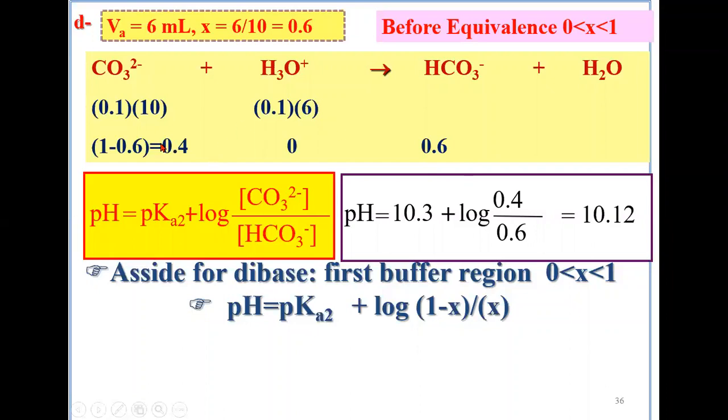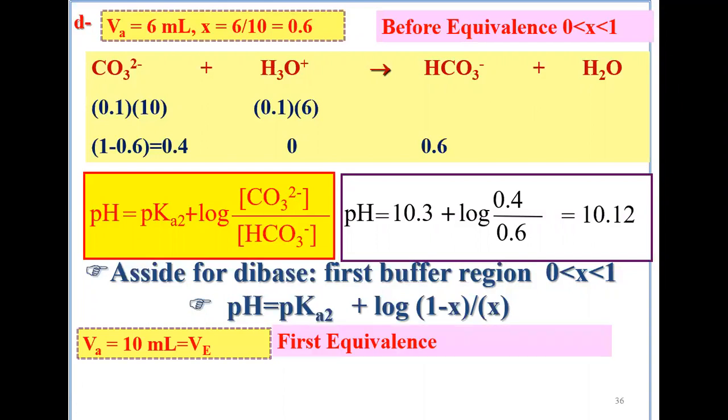So you're left with a base and its conjugate, and you use Henderson. Which Ka value do you put here? Look at the two species. Yes, these two species require pKa2. Substitute, and voila. The same exact pH and the same exact concentrations as what we did with the X equation.